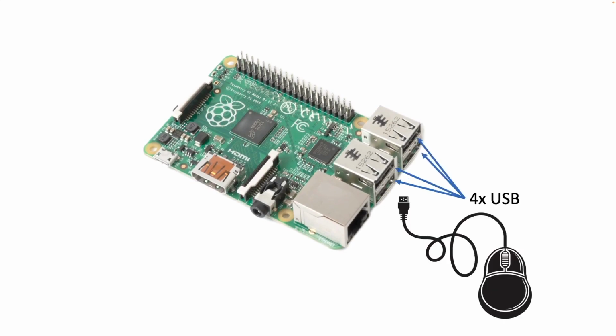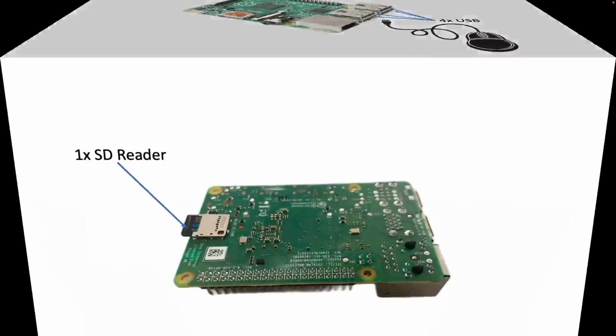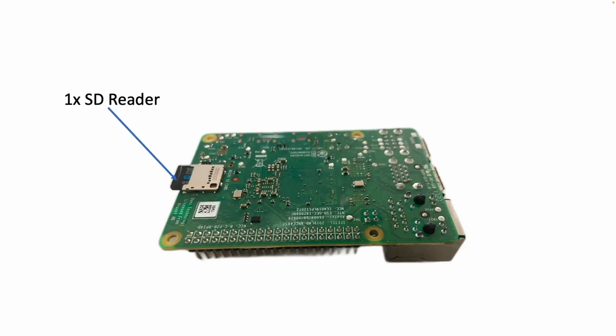You also have 4 USB ports for your accessories, like a mouse or a keyboard. Finally, if we turn the Raspberry round, you will see a SD reader and a memory SD. It's a bit like the memory of your mobile phone, where you can install a system or stock files.